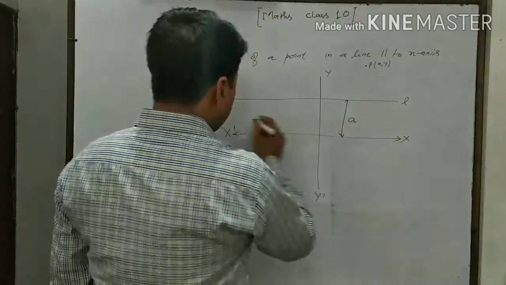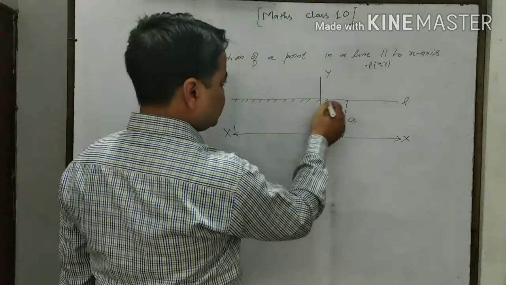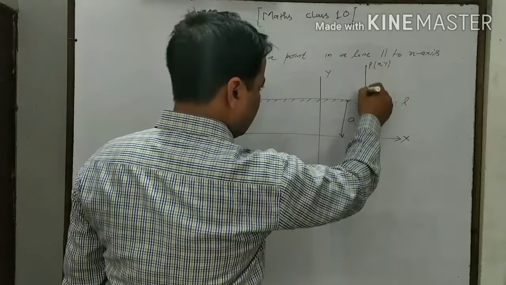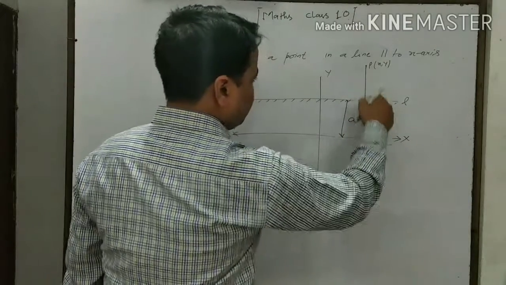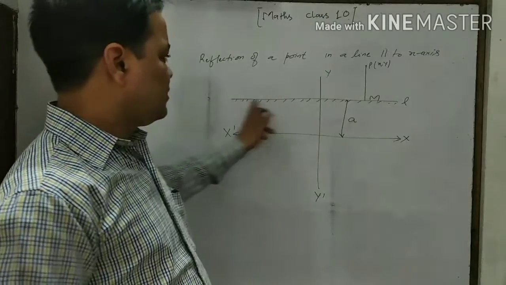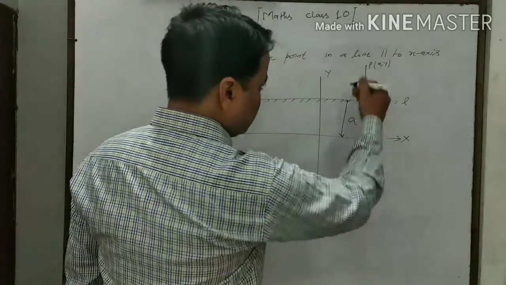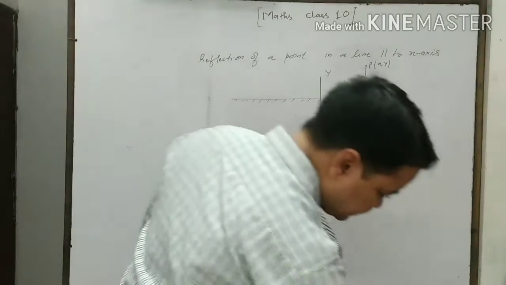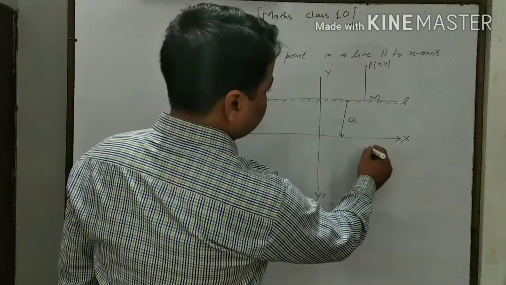Then if this line is working as a mirror, PM is the perpendicular distance of the object from the mirror L, and its image will be here just below this, that will be P dash.